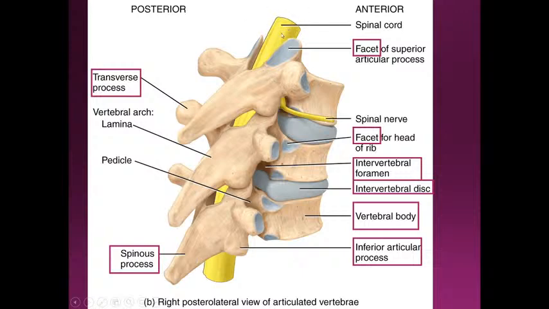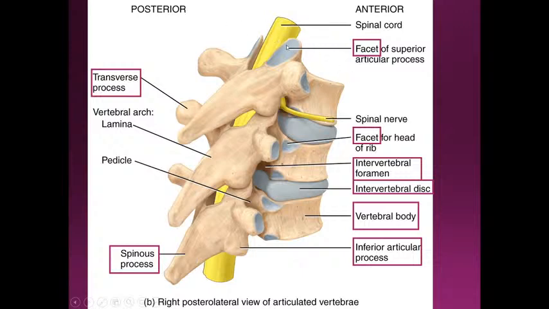Now, it's not pictured here. Let's pretend this is T7 here. We'll see T6 right above T7, right? And so the superior articulating facets of T7 form a joint with the inferior articulating facets of T6.